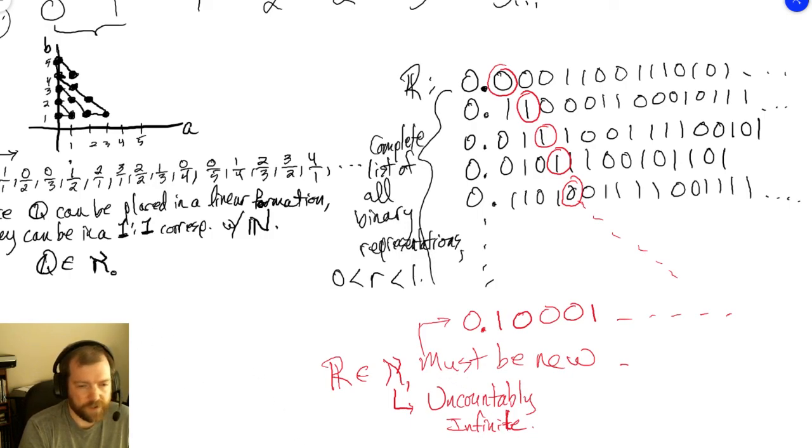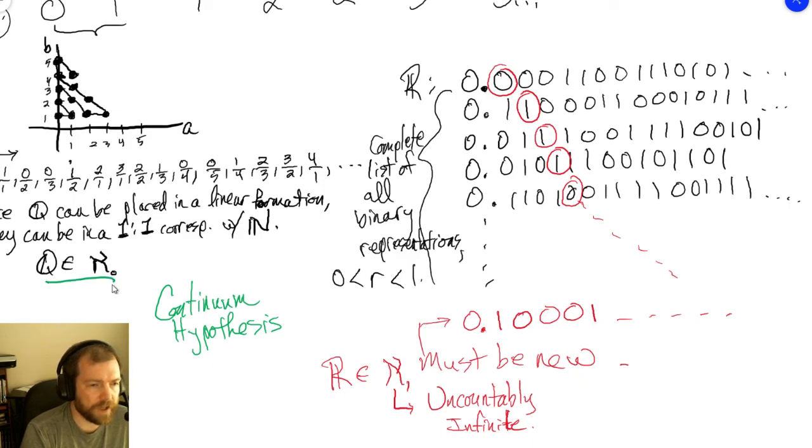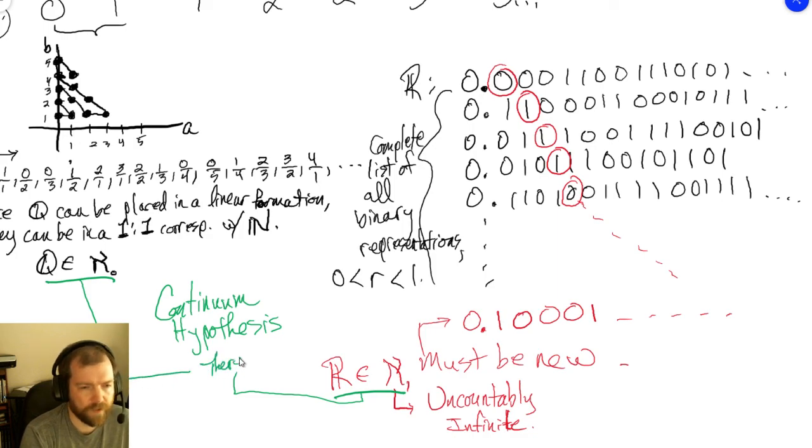So there is also a continuum hypothesis, which came up way after Cantor, which stated that here there exists a group between.